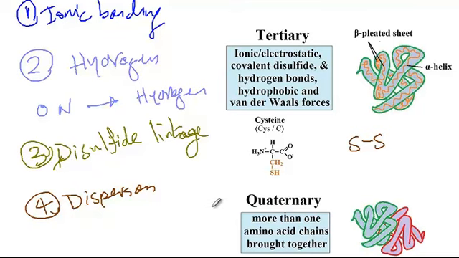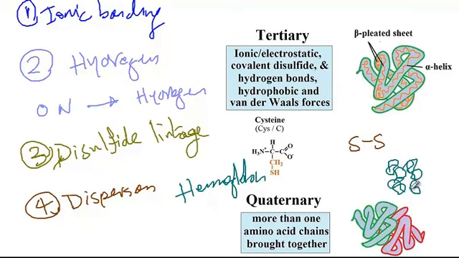Another example that I can give you is hemoglobin, which is made of 4 chains of amino acids that are brought together. Or another example is gap junction, which is made of connexins. So multiple polypeptide chains are brought together in order to form a quaternary structure.